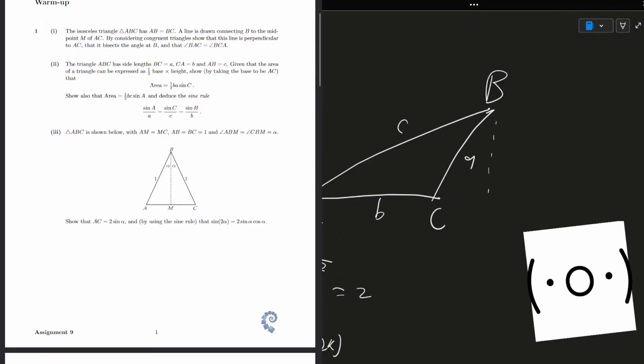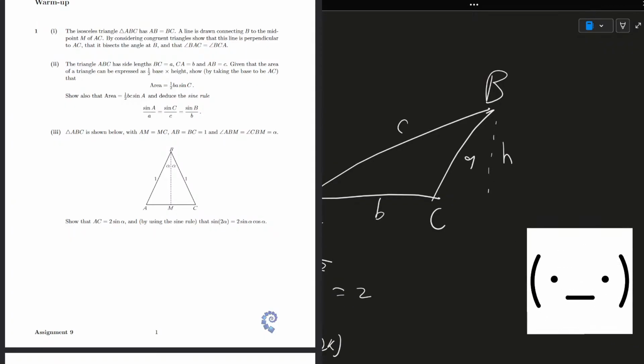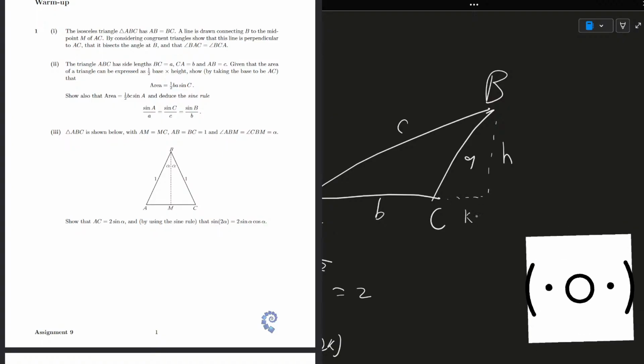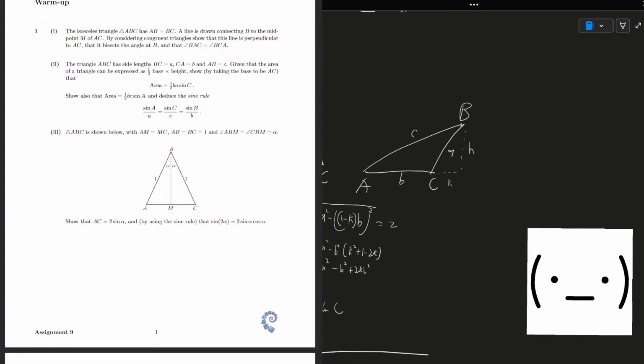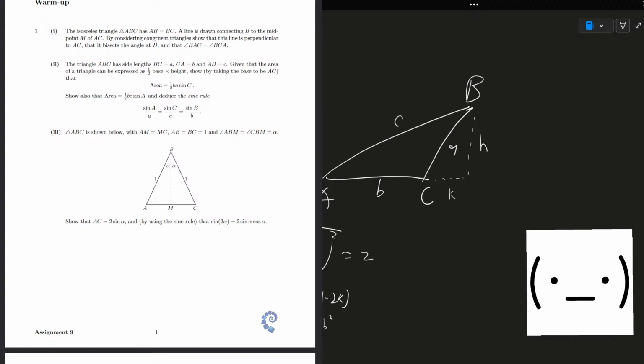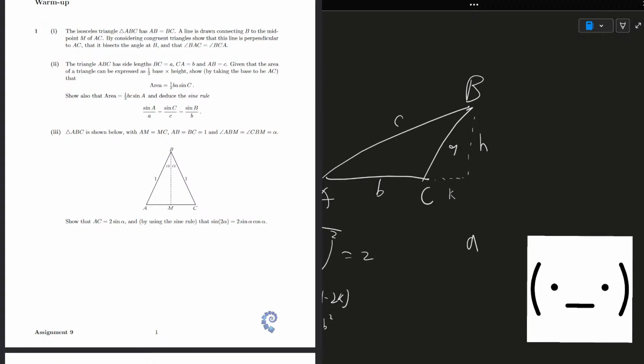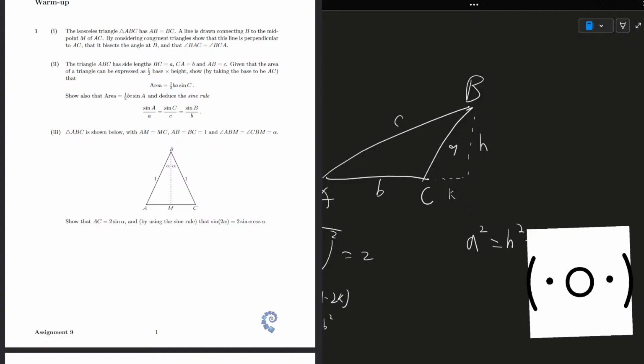So this is our height. This is some K. Now we know that A squared equals A squared plus K squared.